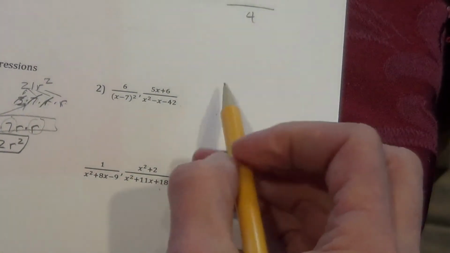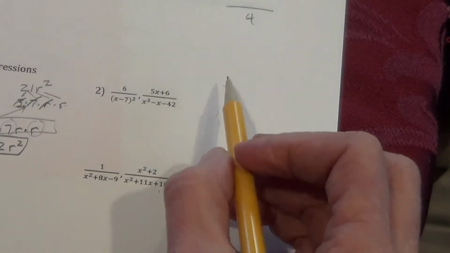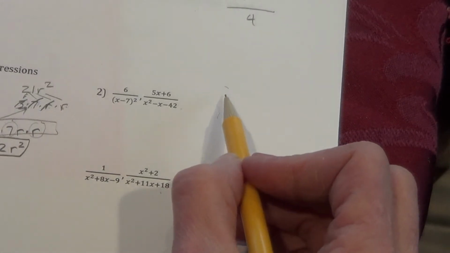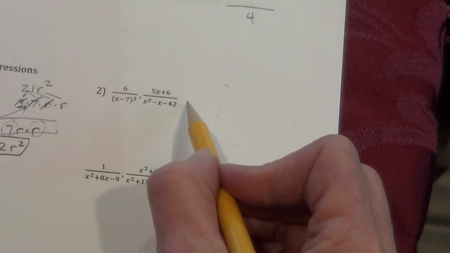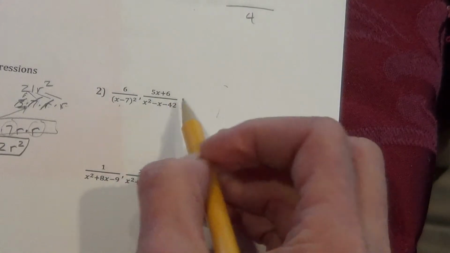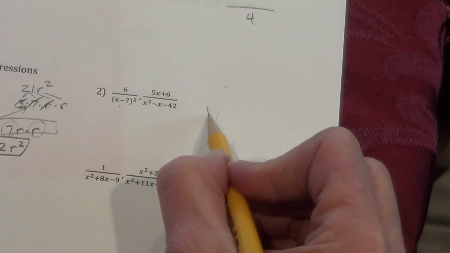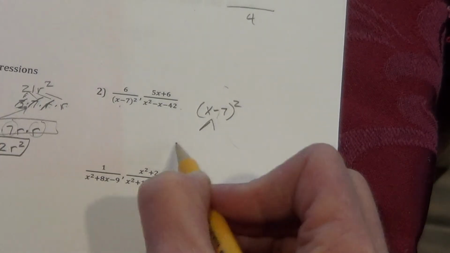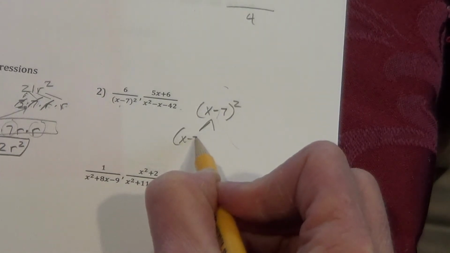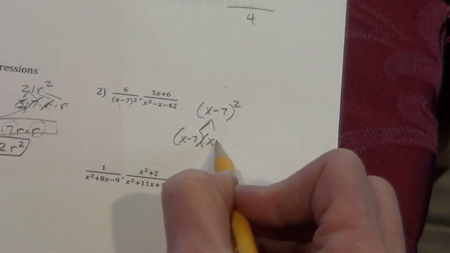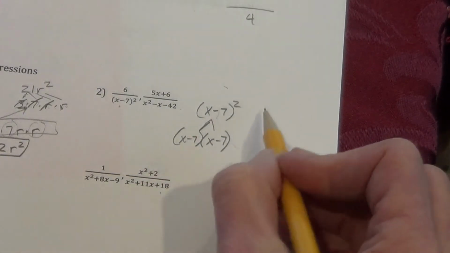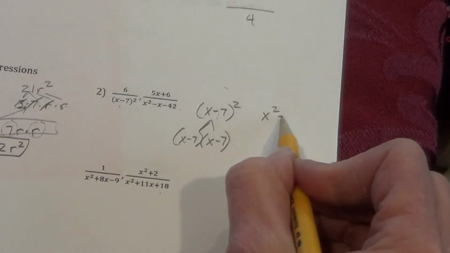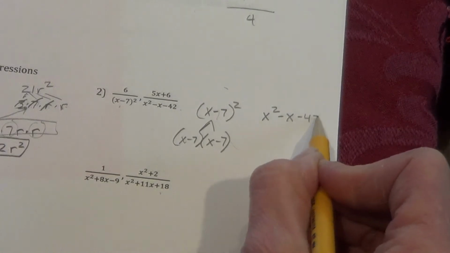Okay, so the lowest common denominator for this one, I would do x minus 7 squared. I would show the factors there. And that's x minus 7, x minus 7. And over here, x squared minus x minus 42.